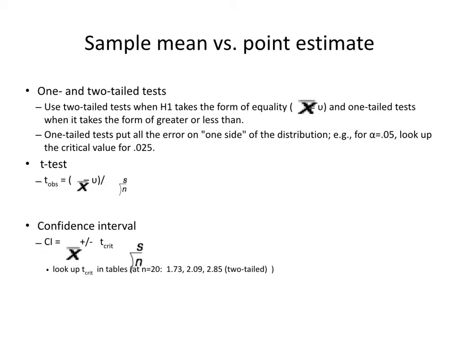So you could look up t critical, and at a sample size of 20, what you'll see is that for alpha 0.10, t critical is 1.73. For 0.05, it's 2.09. And for 0.01, it's 2.85. And those are the two-tailed values.